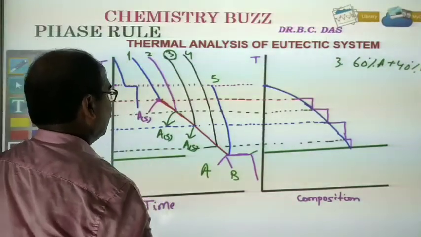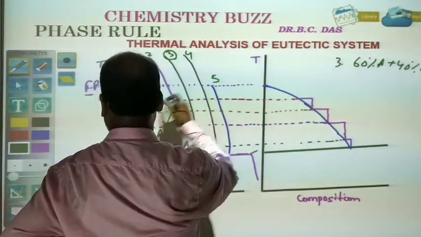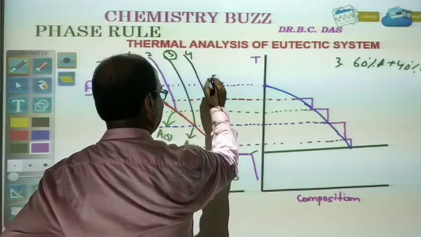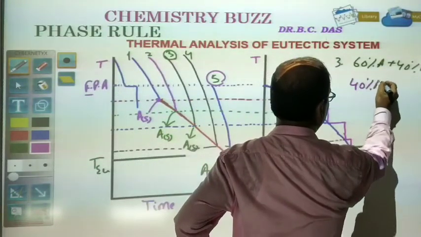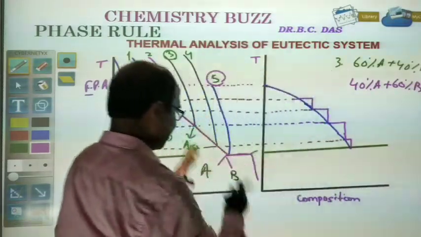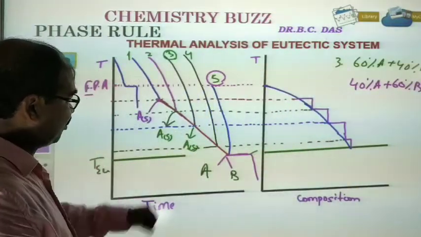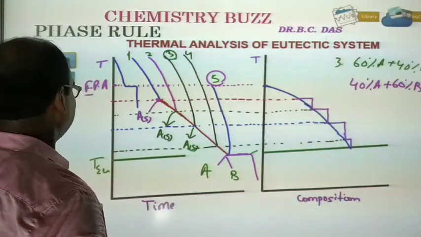Okay, but if you consider sample number 5, that is 40% A plus 60% B, as per our explanation, this is the eutectic composition we have selected.